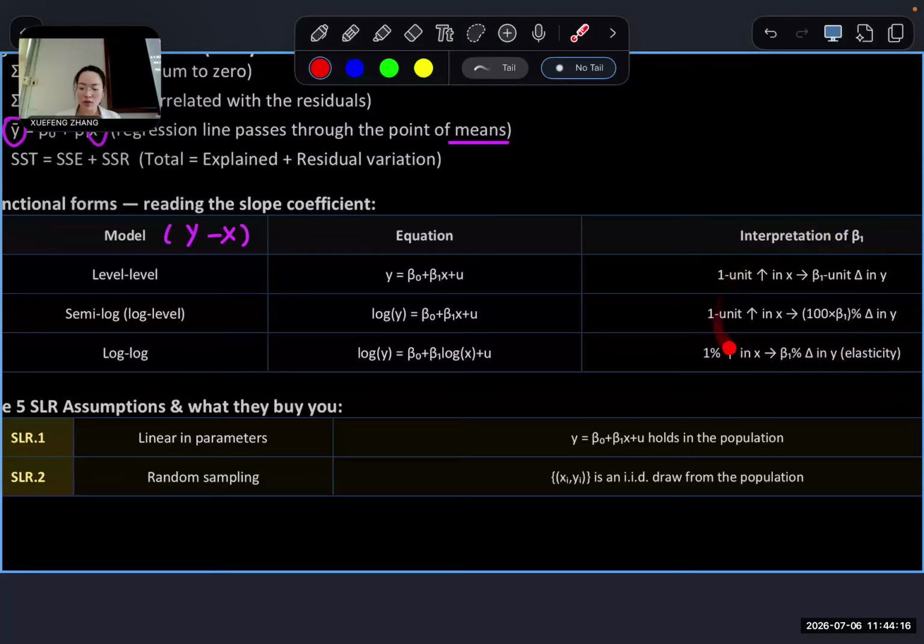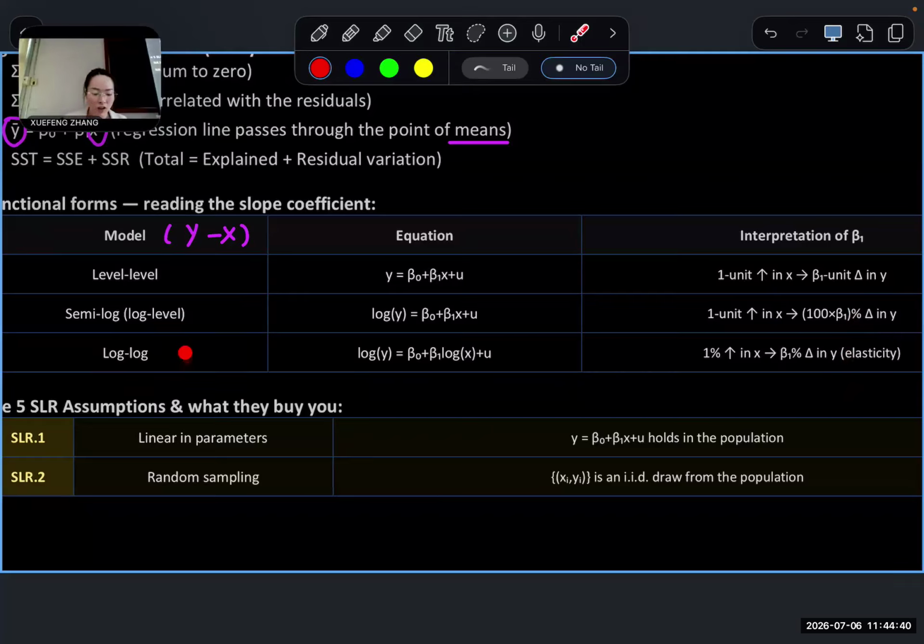So you need to interpret what your beta 1 hat is. Here, a 1 unit increase in X, since X is in level, will cause a 100 times beta 1 percent change in Y. So X is 1 unit, but Y here is a percentage.